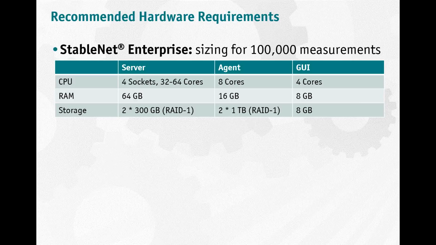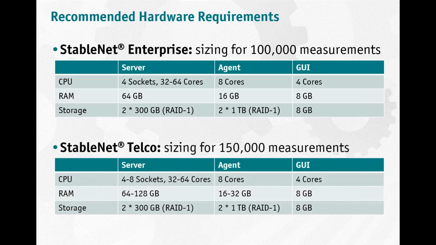This has the reason because we changed the GUI bootstrapping mechanism and the updating of the GUI. But I will look into this topic in more detail later on. And this is also the same for the StableNet Telco version. In here also no changes except for the 8 GB again on the GUI storage.